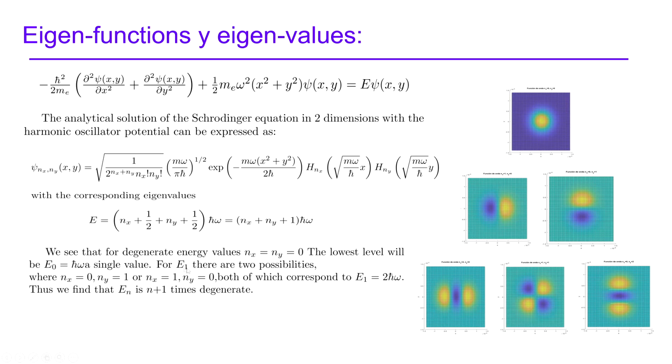For the first excited state, we can have nx equals 0 and ny equals 1, or nx equals 1 and ny equals 0.